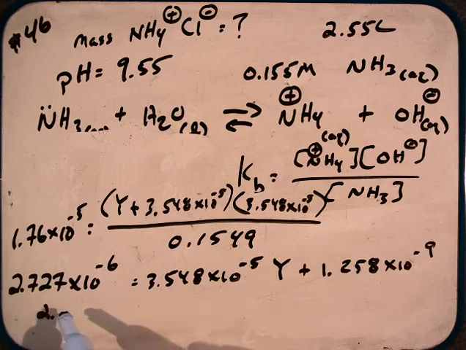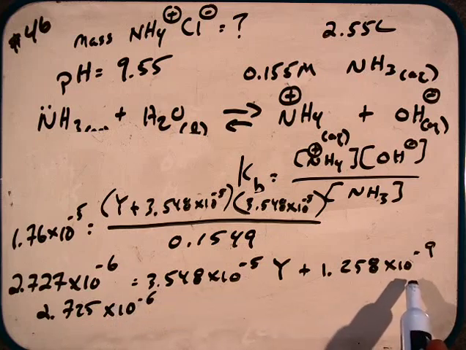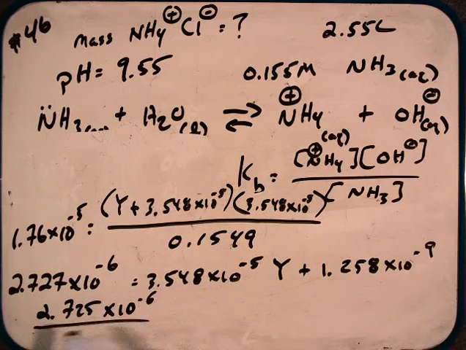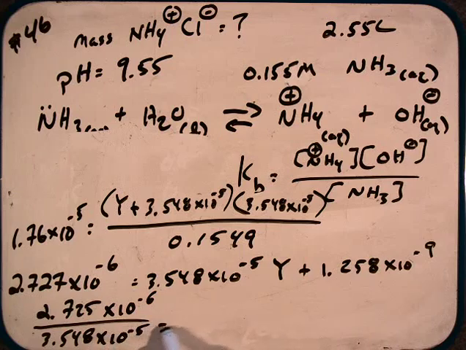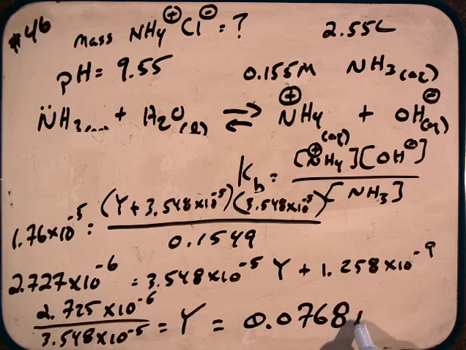We would get 2.725 times 10 to the negative 6 when we bring that 1.258 over to the other side, and then we want to divide by our 3.548 to isolate what y is, and we get that to be 0.0768 molar.